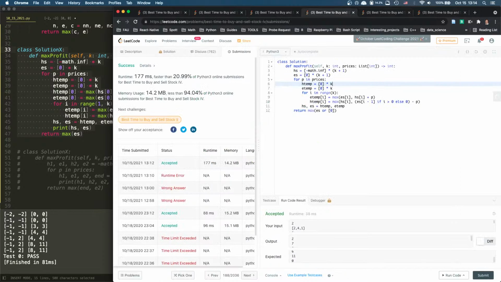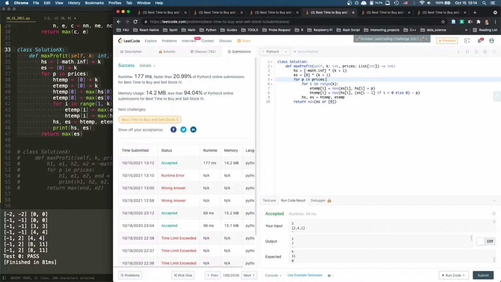But we do have an idea, right? So basically we just say SHI and ESI equals to this, but because we do k plus 1, we can just do this and this. We don't have to worry. And we'll put this one here.